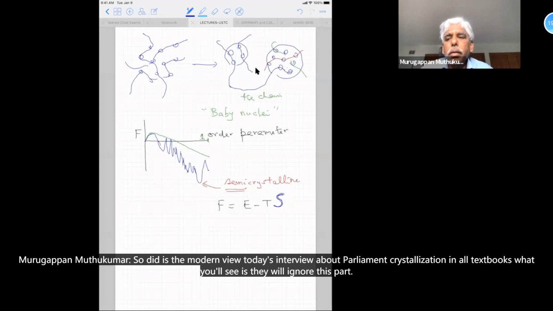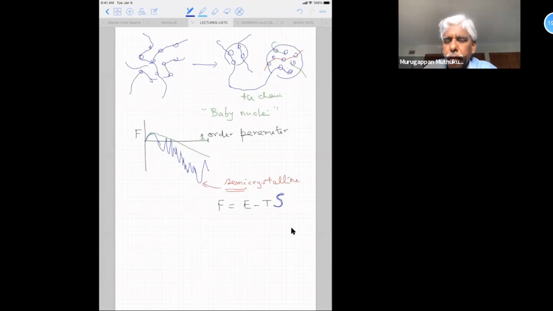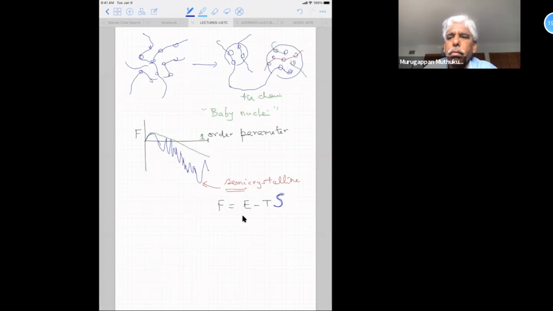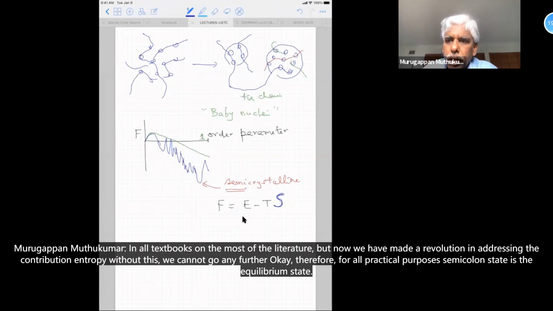So this is the modern view, today's view about polymer crystallization. In all textbooks, what you will see is they will ignore this part. They will always think in terms of only energy. In all textbooks and most of the literature, but now we have made a revolution in addressing the contribution of entropy.